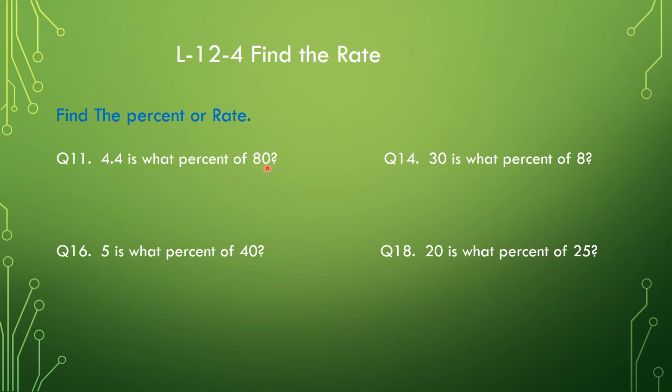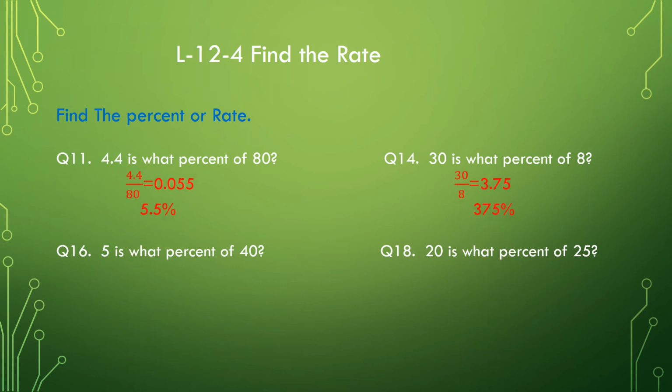Again, 30 is what percent of 8? 8 is your whole, so 30 out of 8. Again, 5 is what percent of 40? Then 5 by 40. Same way, 20 by 25.